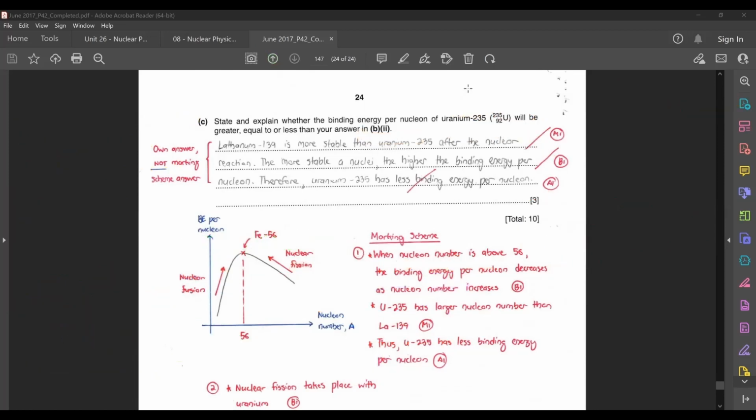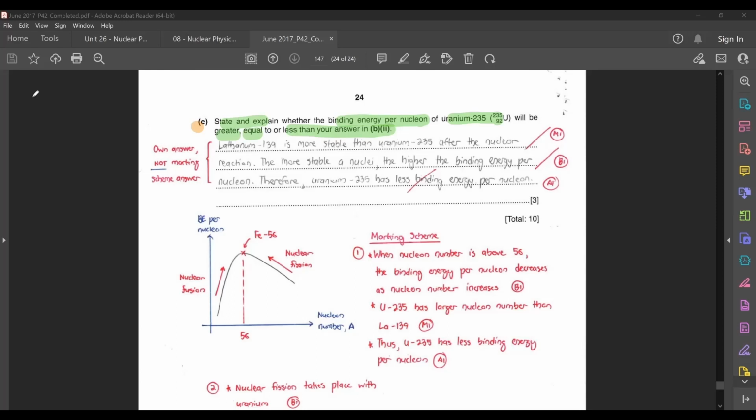Now in part C, they mentioned this: state and explain whether the binding energy per nucleon of uranium-235 will be greater, equal, or less than your answer in B2.